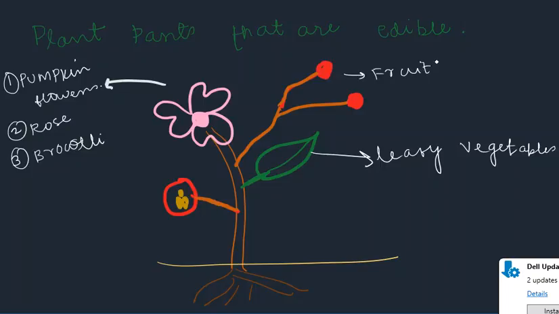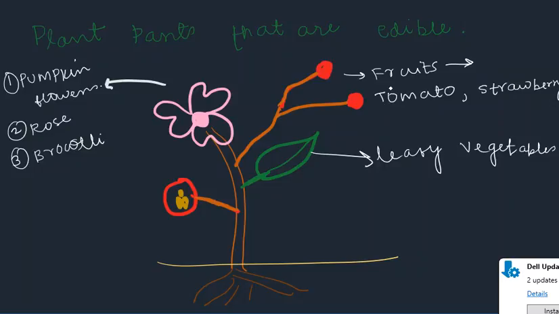Now let's go on to the fruits. Among the various fruits we consume, the most familiar will be the tomato. Tomato is a fruit and not a vegetable. And then come other fruits like strawberry and many other examples.